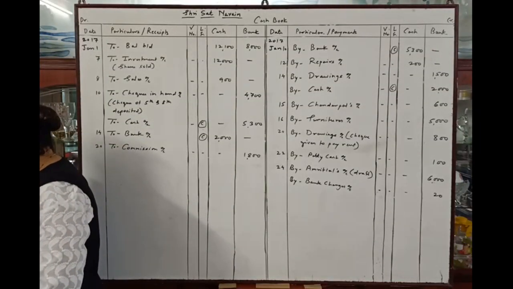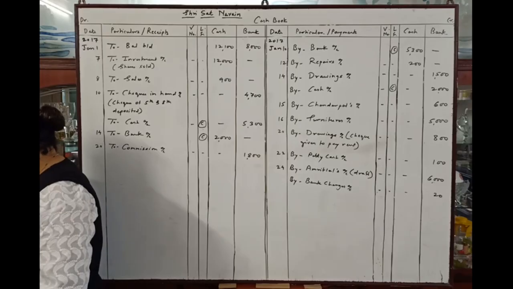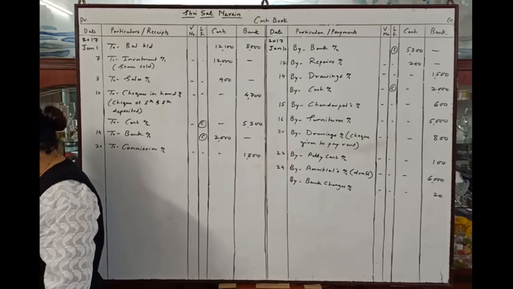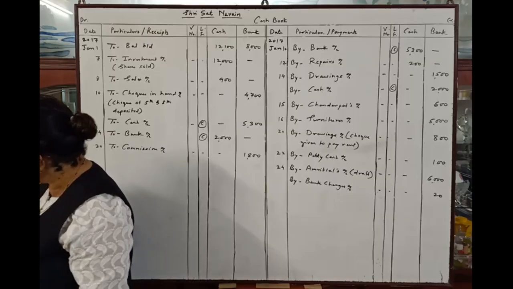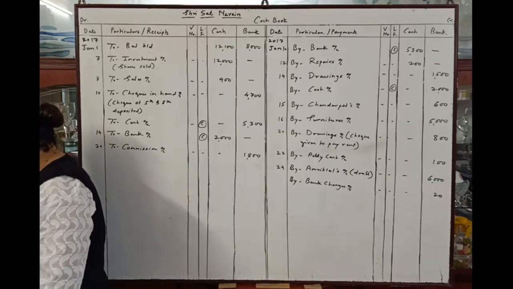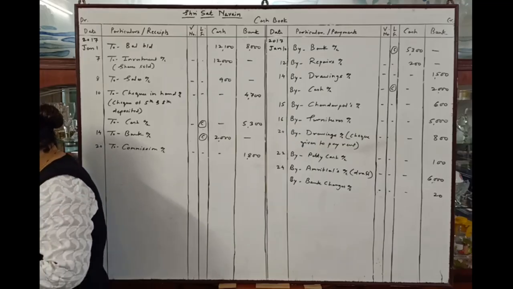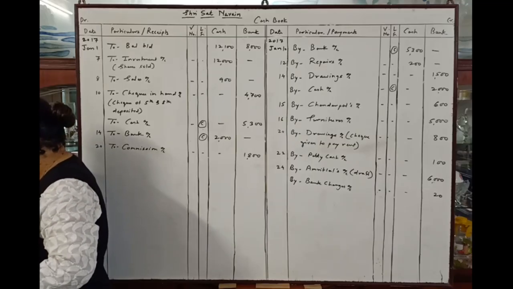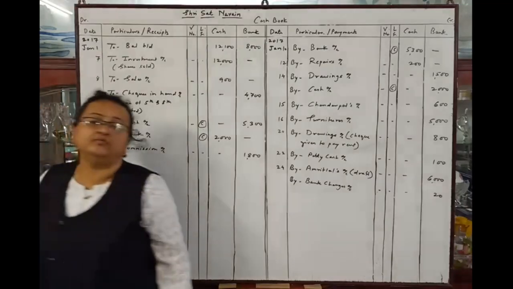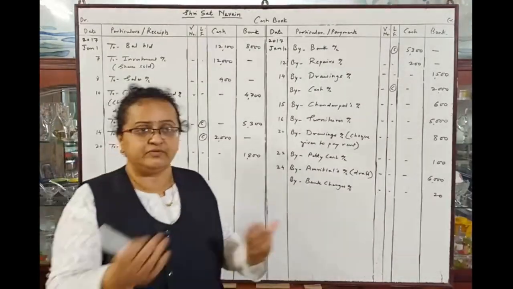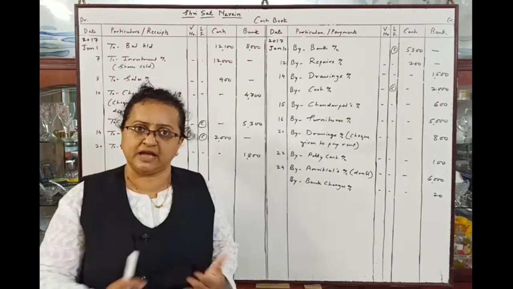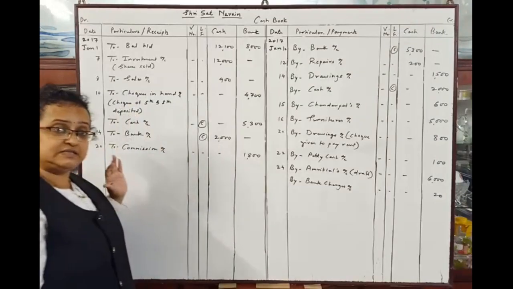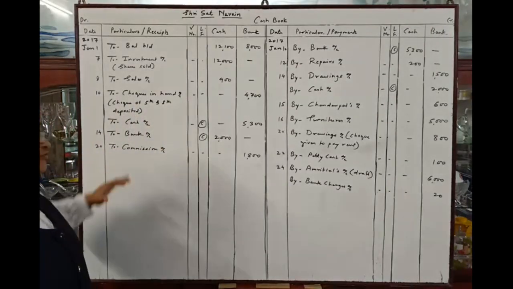On 29th received a bank draft for rupees 3,900 from Raghuveer in full settlement of rupees 4,000 due from him. So amount due from him is 4,000 and we have received a bank draft for rupees 3,900. Discount claimed by him was disallowed. 4,000 amount was receivable from Raghuveer. We have received from him a draft of rupees 3,900. So we have to enter this amount in receipt side of cash book.